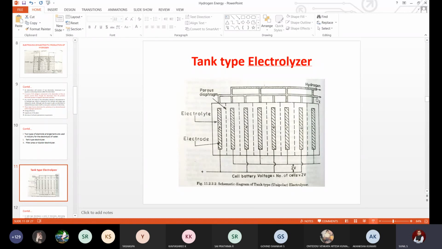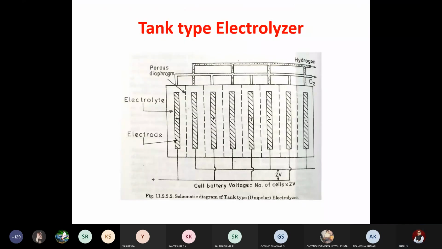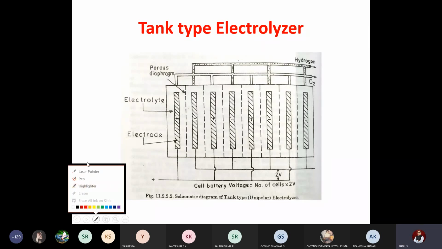Okay, so tank type electrolyzer. Right. Now, this shows the tank type electrolyzer, which is popularly used in industries.